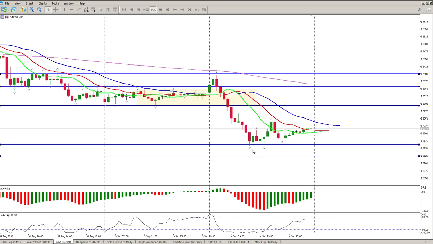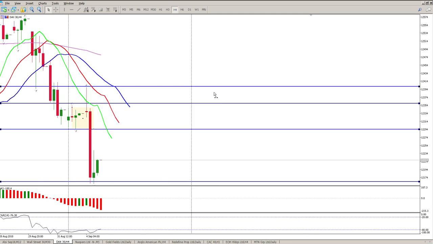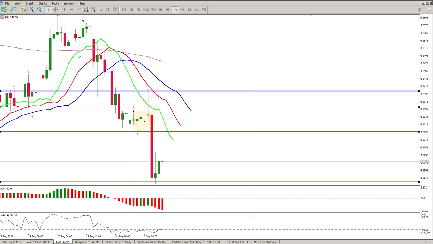Now, the question is whether this bounce is going to sort of be extended to the upside, or if it's just going to be a short little bounce before we start loading the shorts in again. And I suppose we're going to have to adopt that mentality right now, because if you look at the 4 hour, we are below the alligator.